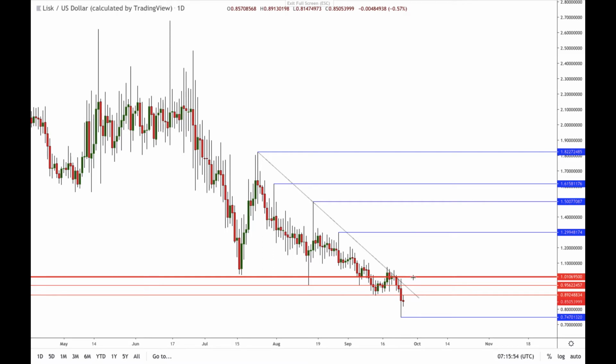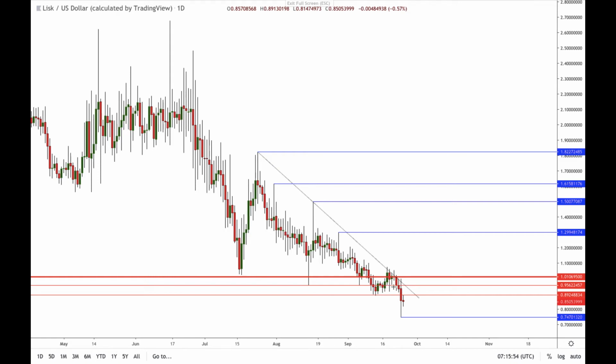One of the most important levels, which was the technical support, was located at the level of 1. So one Lisk is worth $1, and during the last month we got this price action here, where the bulls have been trying to bounce a little bit higher above this $1 level, but eventually they failed, and they failed badly, because all of the lows have of course been violated.